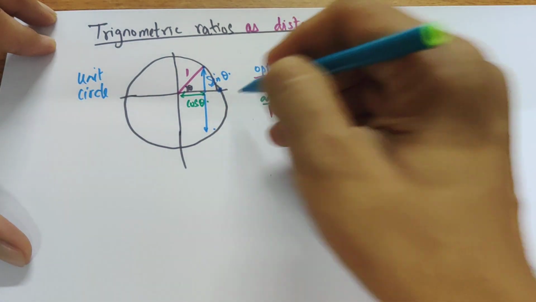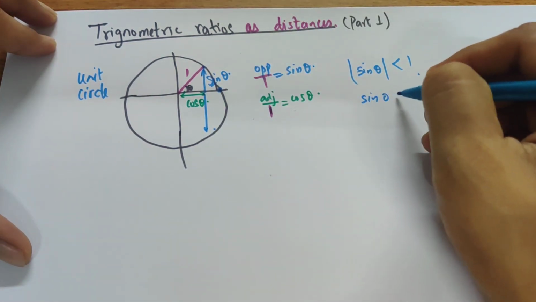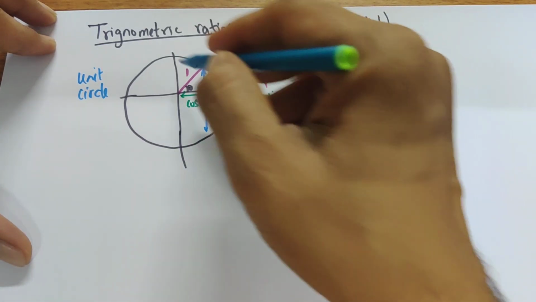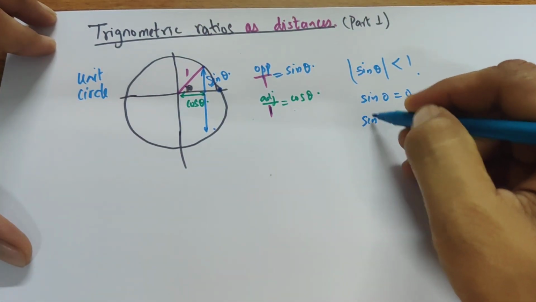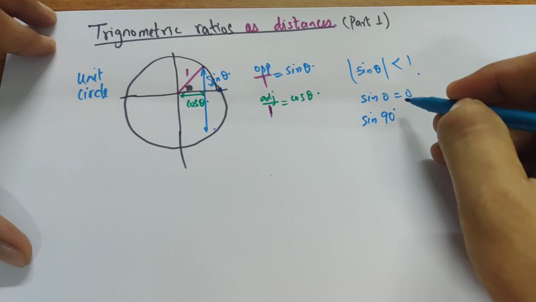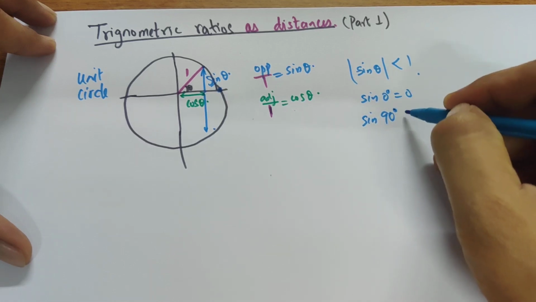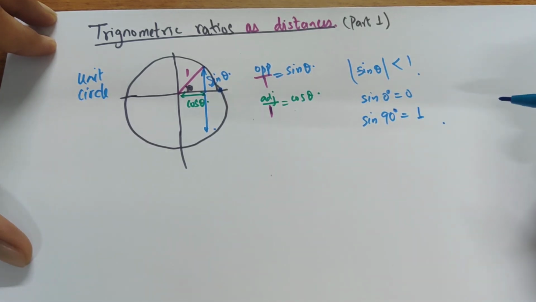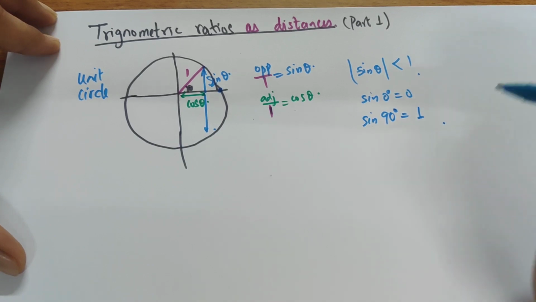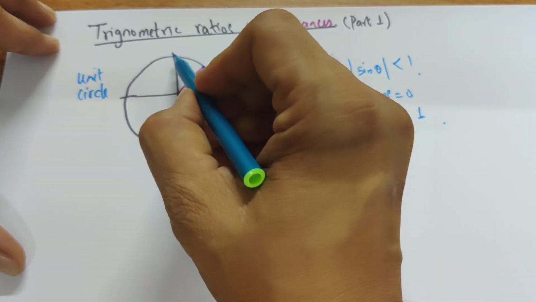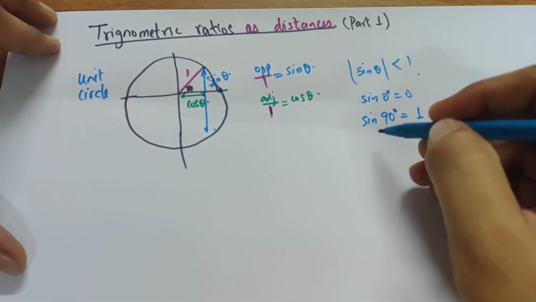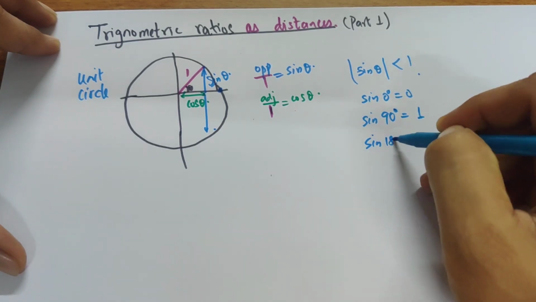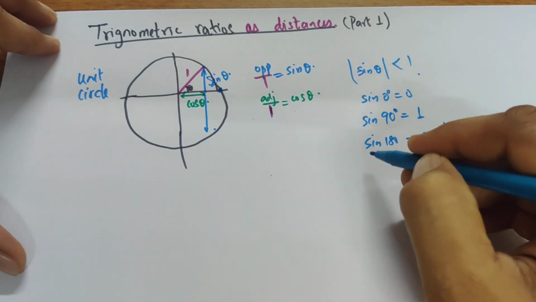And of course you can see obvious things like sine of 0 is 0. There's no height here. And the sine of 90 degrees, if you're looking at it in degrees, is 1. Or you can say pi by 2 is 1. And then here again it becomes 0, so sine of 180 is equal to 0.